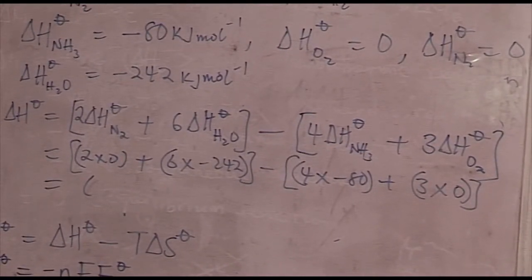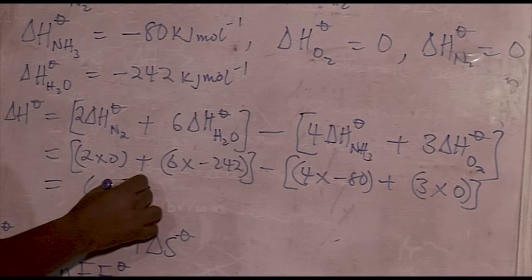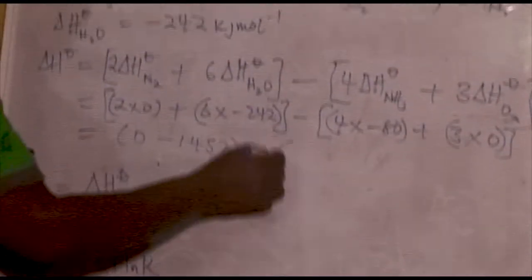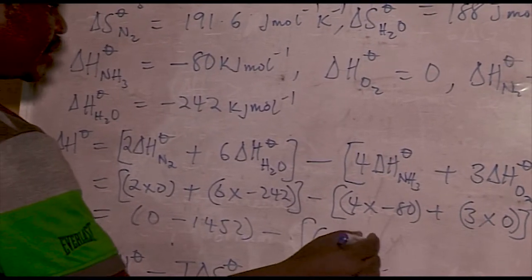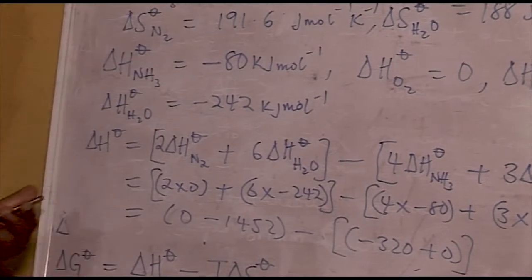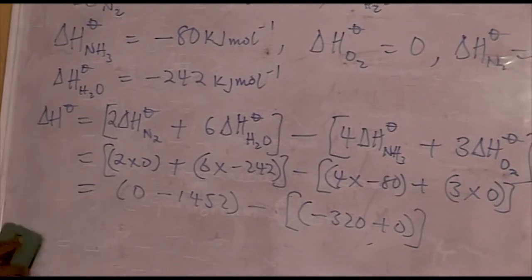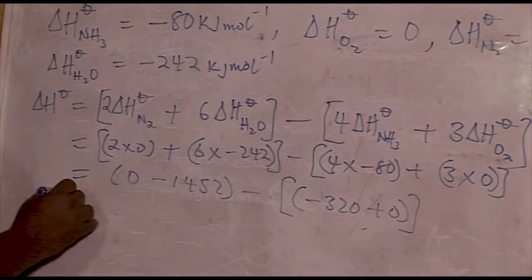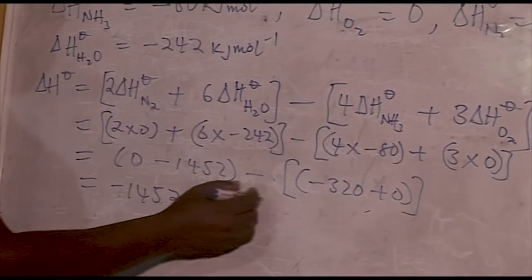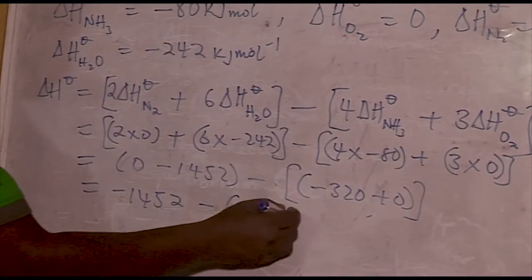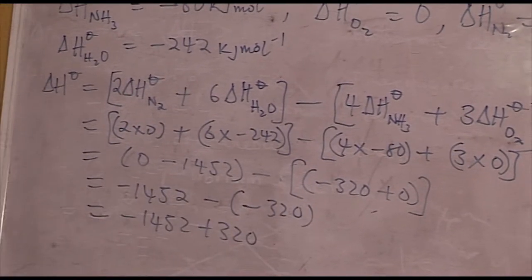Let me punch the calculator. 6 times 242, 0 minus 1452, then minus, this is minus 320 plus 0. All right, 0 minus 1452, that's minus 1452, minus 320 plus 0 is minus 320.